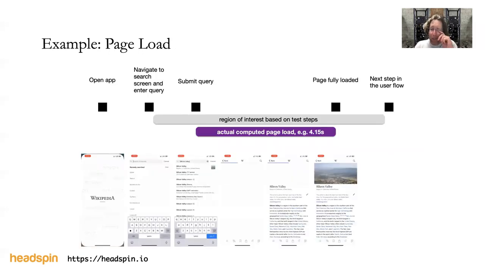So one example of asking a specific question from the raw data for non-functional testing is page loading. This is an example that I've taken from an application, but opening the application, navigating to a search menu, submitting a query, waiting for the query to come back, and then the page to fully render before taking the next step in the user journey.